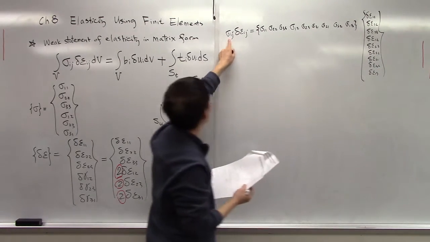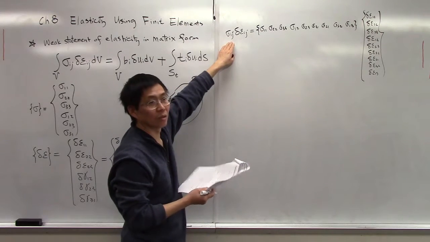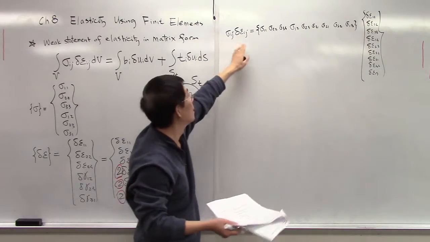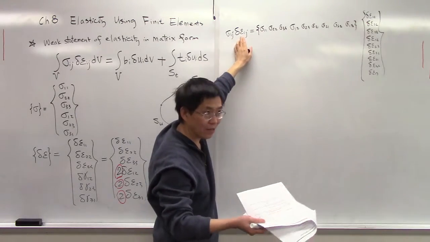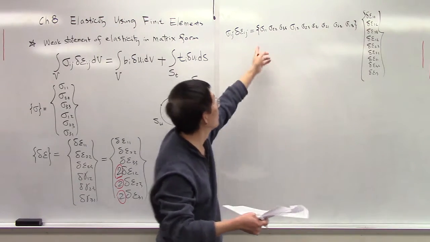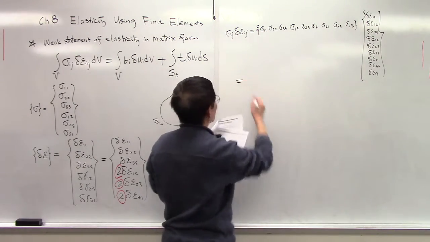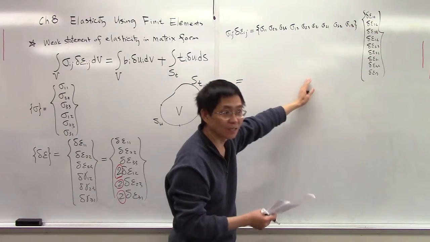Because when each of these indexes runs its course, you will have 9 things here, and correspondingly another 9 things. You multiply them together, add them, and you can express it like that. At the end, the summation will have 9 terms added together.